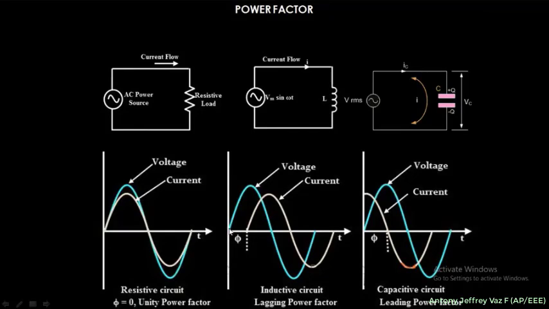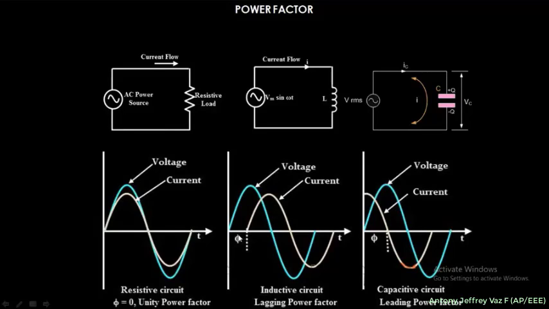It is not starting at zero position, it is lagging some distance. So this difference from the time period of starting from the zero position is represented as phi. So here phi is 0 and it is said to be unity power factor, but in lagging power factor the difference of phi in magnitude is present.